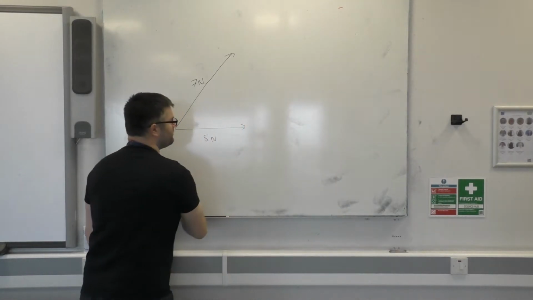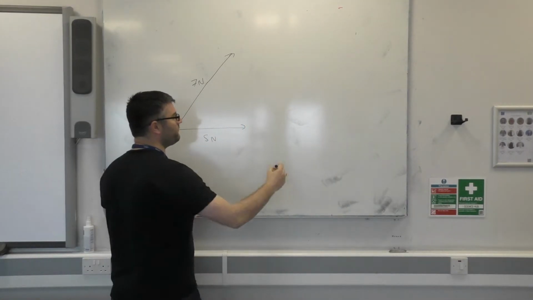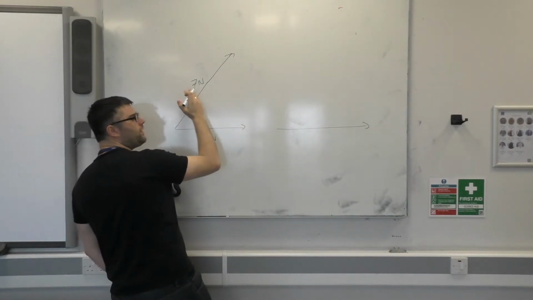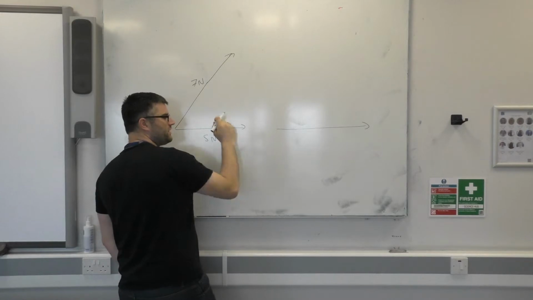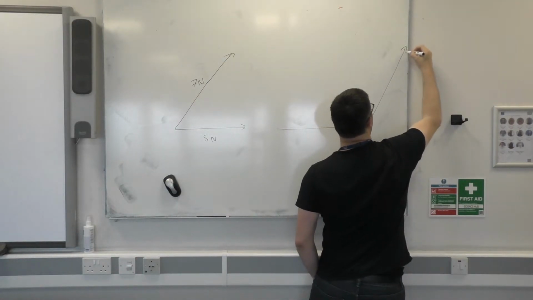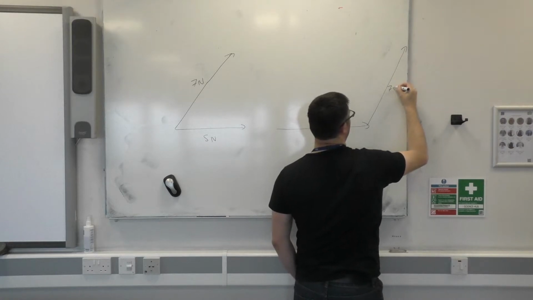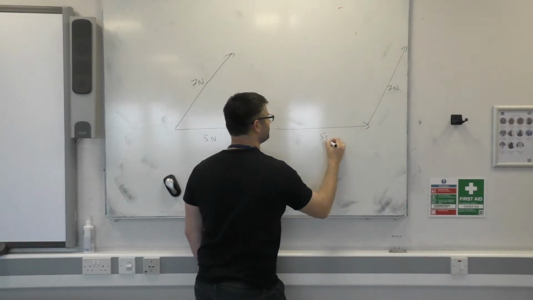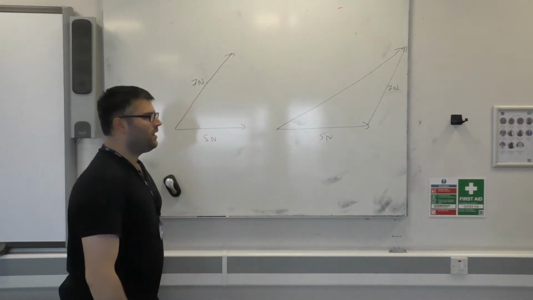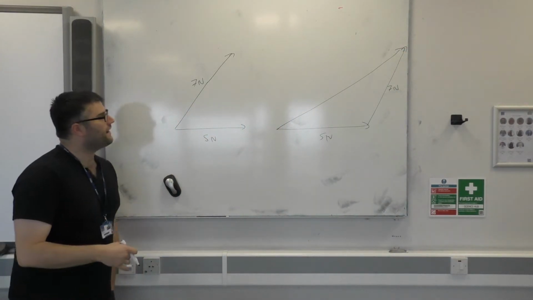How we should do these is exactly the same way we did it before. We start with the horizontal, we work our way around clockwise till we come to the next vector and we add it on. So there's our result, and I've already drawn that in.